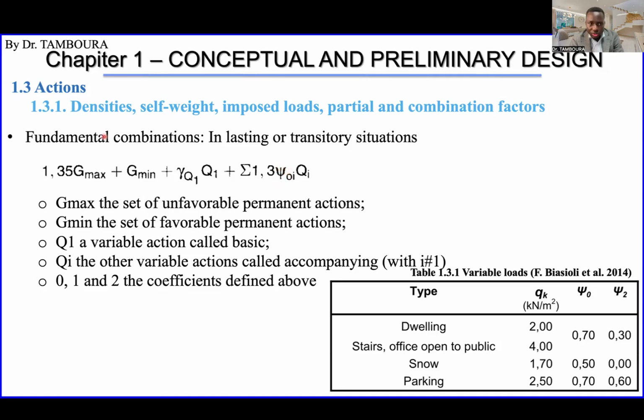It is used for the fundamental combination, mainly for the ultimate limit state. Sorry, I said 1, it's 0, this one. And this i can change from 2, 3. So this is just one example of a combination.